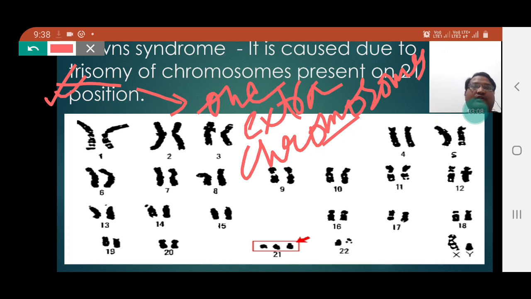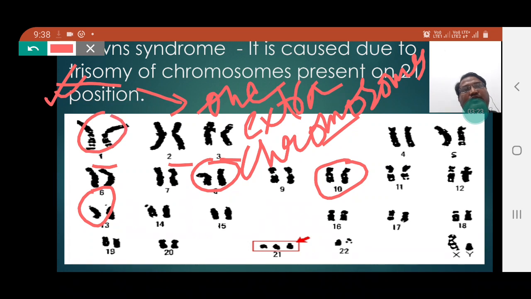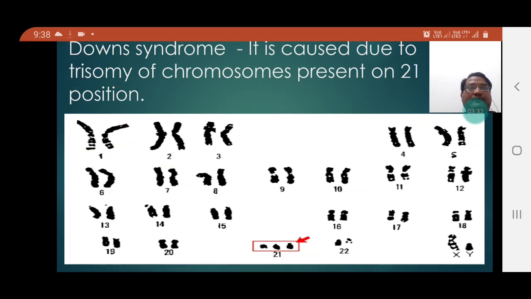And students, you can notice that every position, right from 1 to 22, you will find only a pair of chromosomes. Everywhere you will find only 2 chromosomes in number. But at the 21st position, you can find the presence of one extra chromosome.